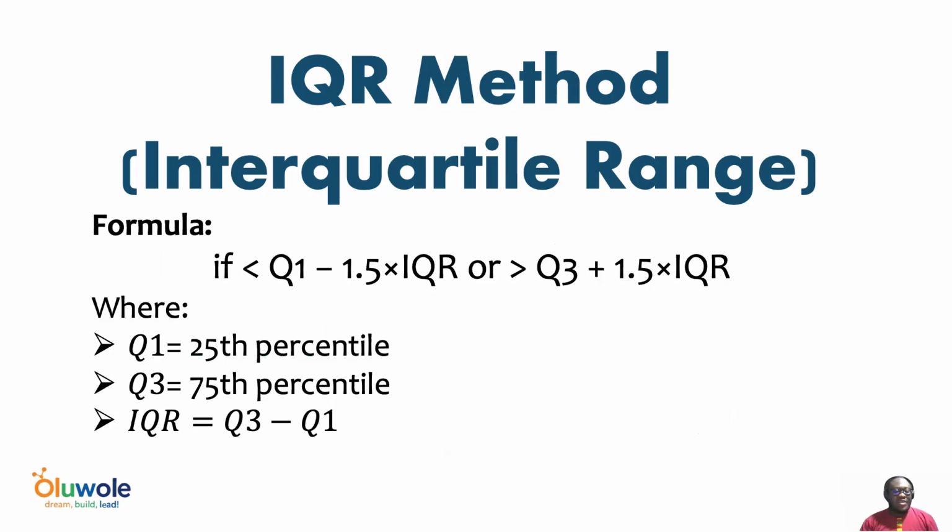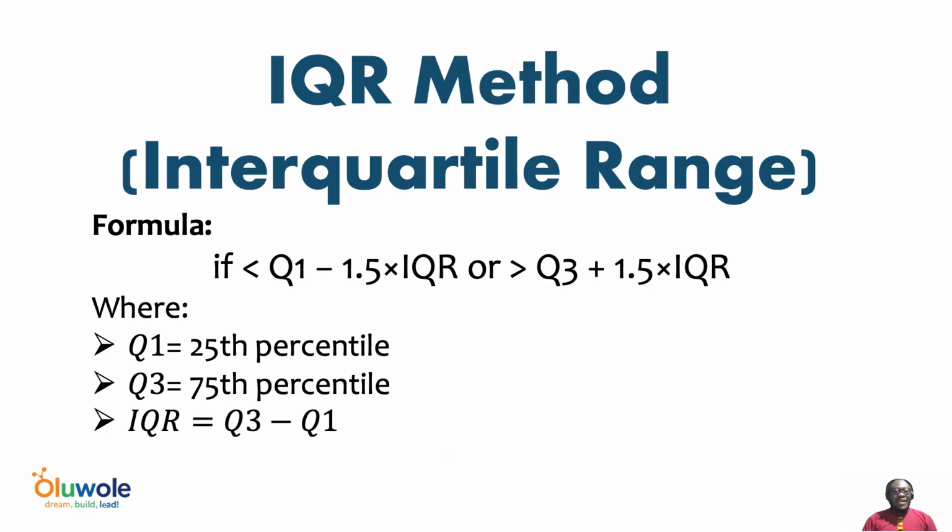So let me show you something. Look at it now. Can you see? Your 25th and 75th percentile. So this is your formula. An outlier is anything less than your quartile 1 minus 1.5 times your IQR.